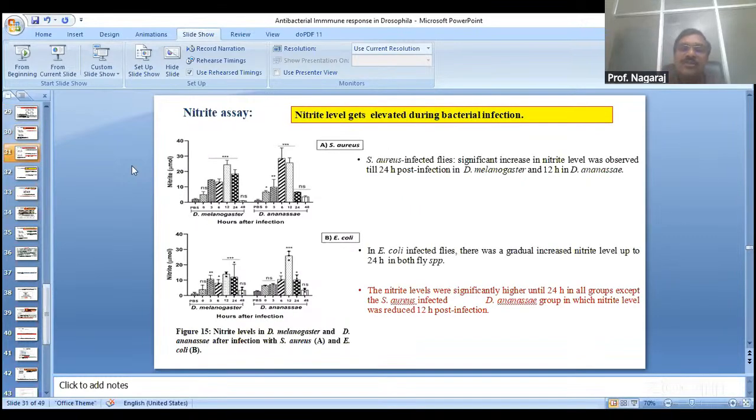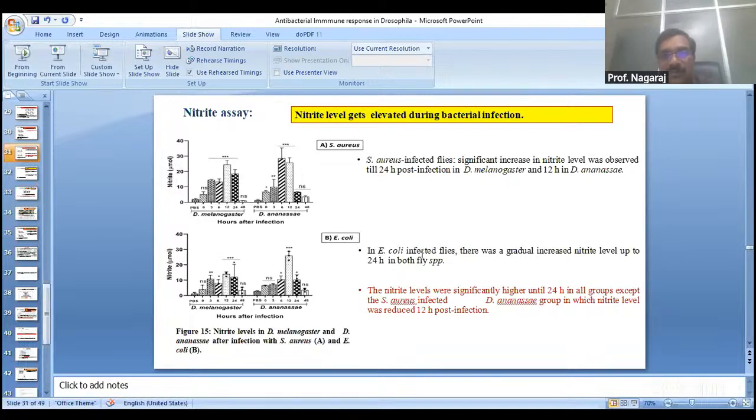We also quantified nitrate level, which gets elevated during bacterial infection, because nitric oxide is a very important factor as part of the immune response, at the very beginning of the immune response. What we have seen here, in SRES infected flies, a gram-positive bacterial strain, is a significant increase in nitrate level till 24 hours post-infection in Melanogaster, but only till 12 hours in Ananassae species.